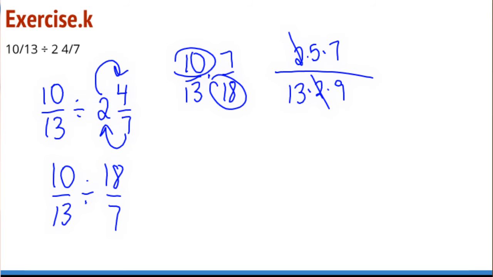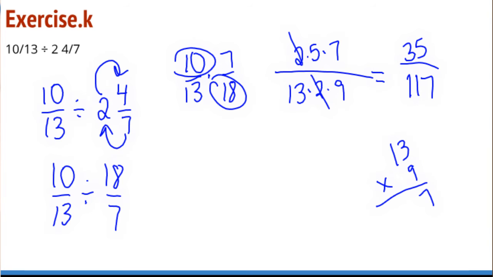So my 2's will divide. 5 times 7 is 35, and 13 times 9. For some reason my brain says like 107, but I think it's 117. Better check my work here. Yep, 117. 35/117.